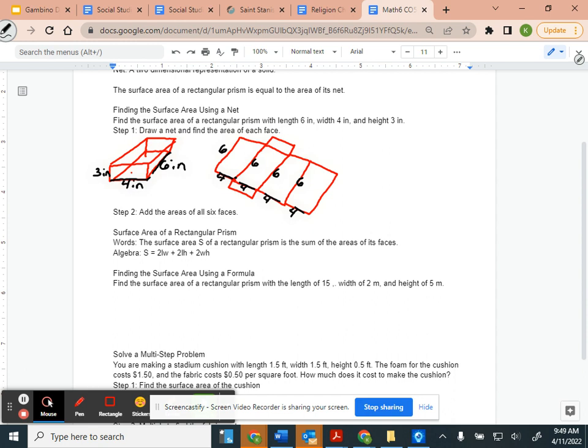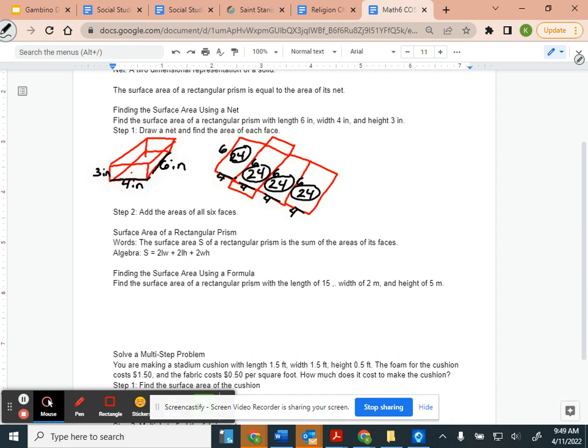So what is 6 times 4? Notice how I'm going to write my area inside each shape. And I'm going to circle it so I know it's the area. Because each of these rectangles is 24 inches squared.